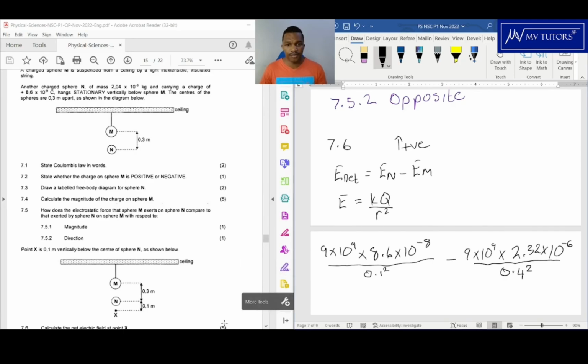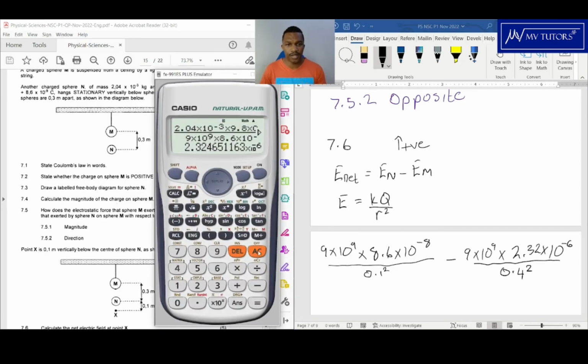Okay, so we're ready to put this in a calculator. There we go. We go 9 times 10 to the power 9, times 8.6 times 10 to the power -8. Then we go down, it's 0.1 squared. Go sideways and we go minus. We put another fraction.